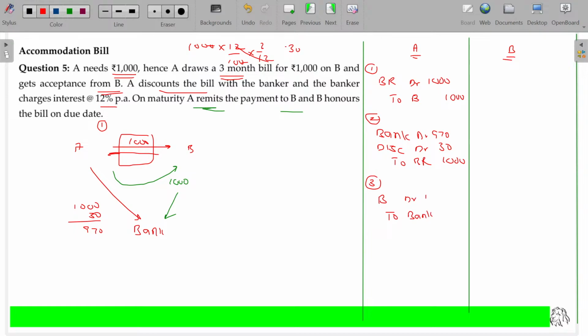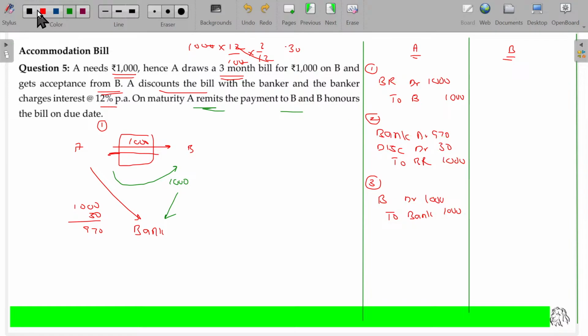It's nothing but only borrowings. Full amount. See here, the BR debit and credit got eliminated and the bank debit and credit got eliminated. Ultimately, he gets the money for a cost of rupees 30. That's all.